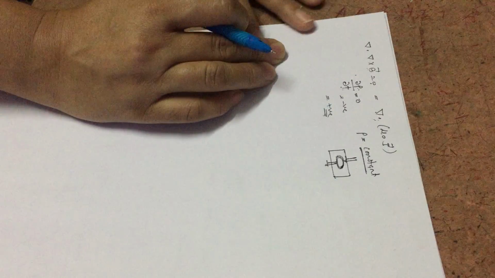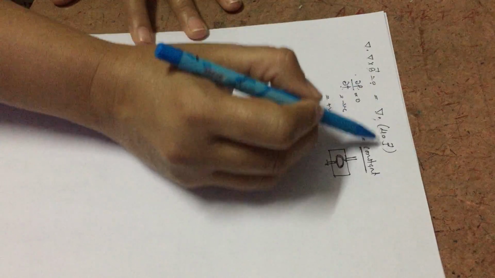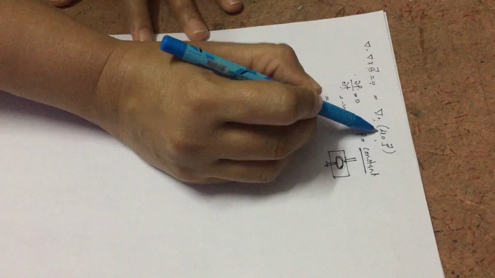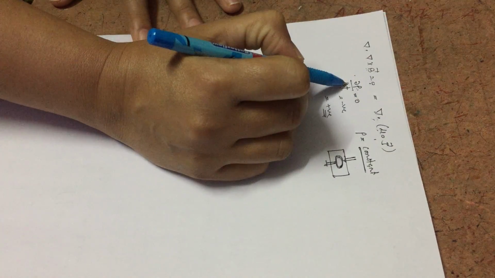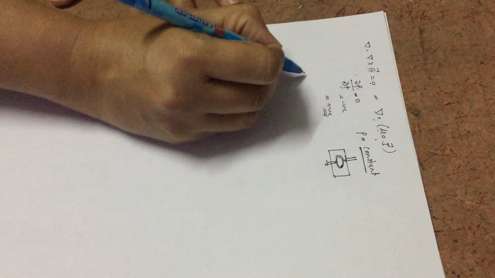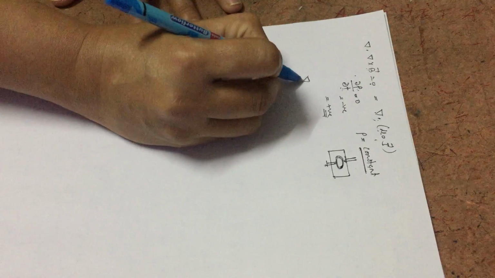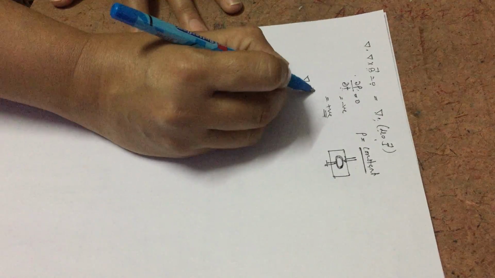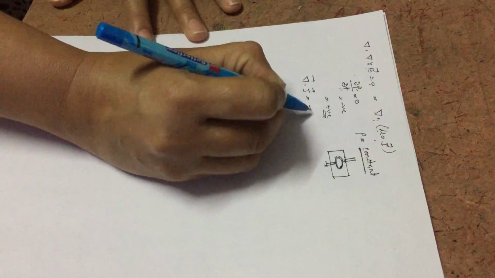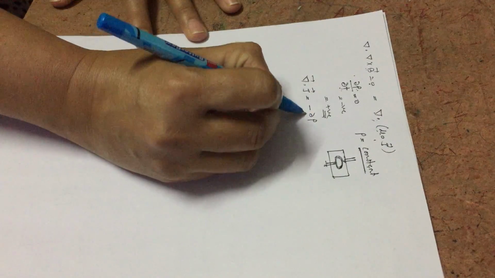Hence, from this we conclude that the charge density is equal to 0, because from the equation of continuity, del dot J is equal to minus the rate of change of charge density.